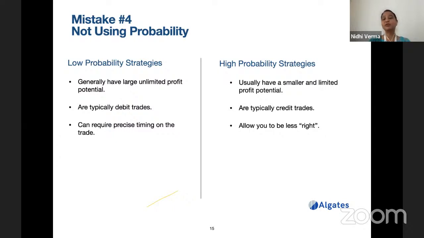It requires you to be very precise, otherwise it is likely to work against you. And high probability strategies are strategies which have a smaller and limited profit potential, but you know that these things are more likely to happen, things are going to go in my favor, the chances of that are high. So those are high probability strategies.